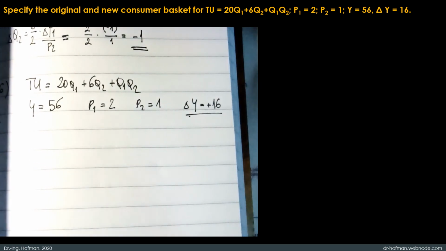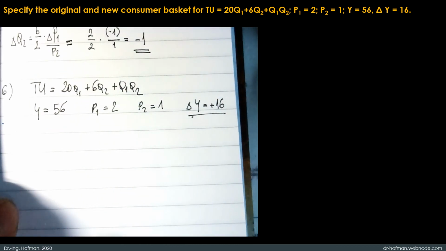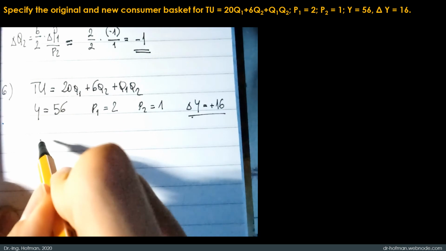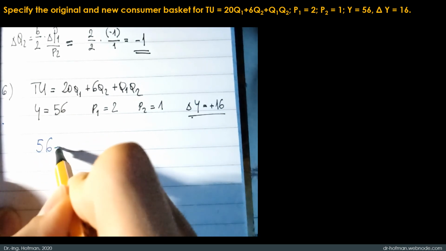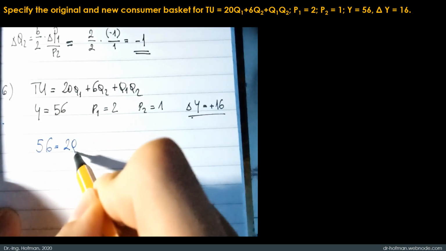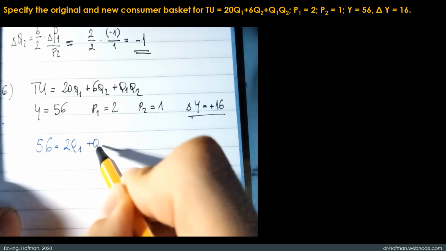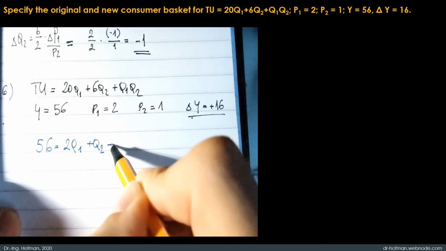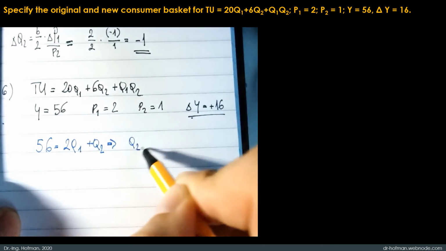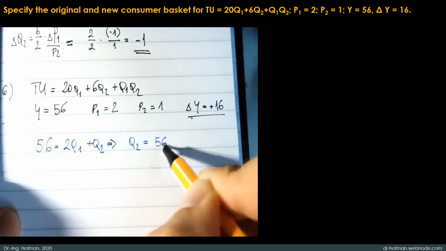Now we would like to specify the original and new consumer baskets. We will have two different situations. The first with the original yield 56 equals 2Q1, which is price 2 times Q1, plus price 1 times Q2, simplified Q2 only.